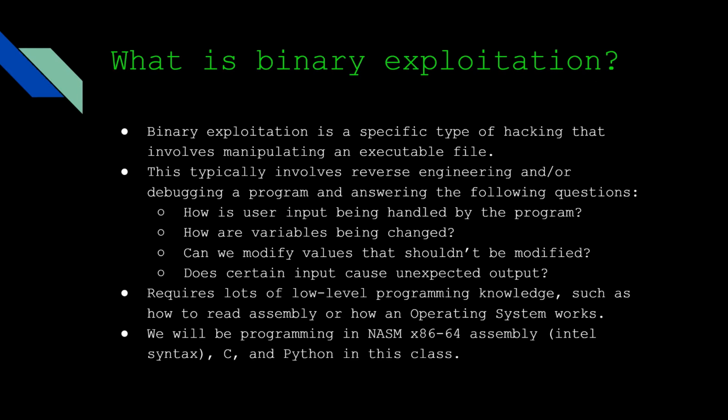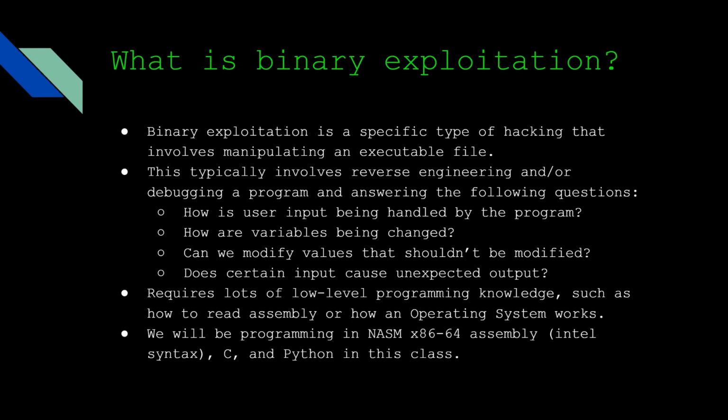If you could modify values that shouldn't be modified, that's something you could use to build your exploit. And if certain input causes unexpected output or a crash, that could also be information that's used to develop your exploit.